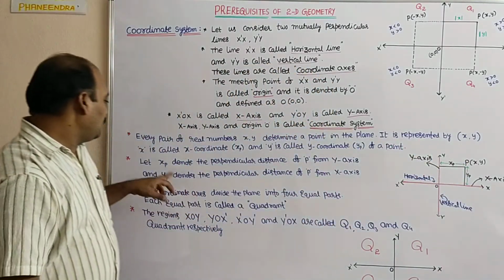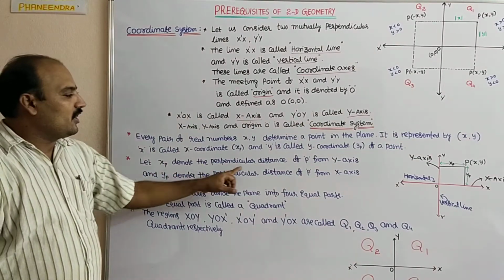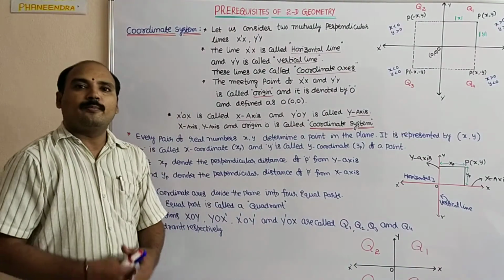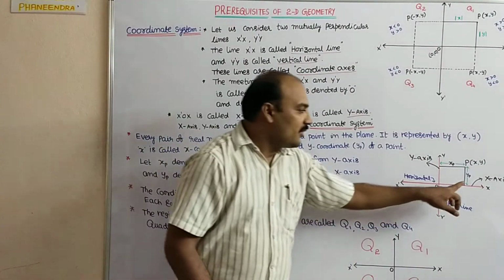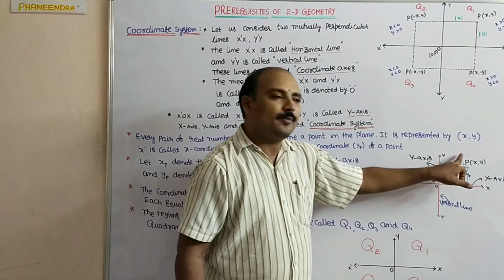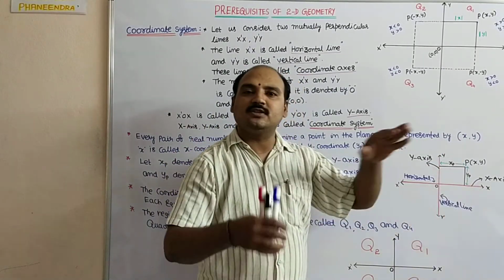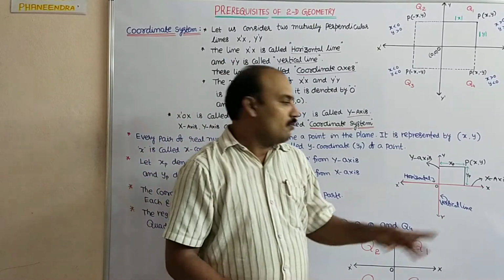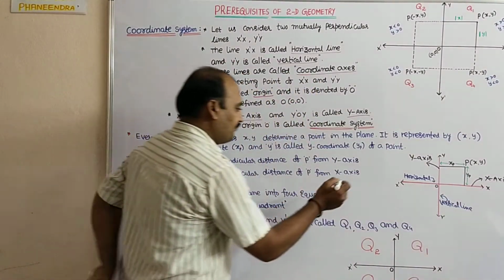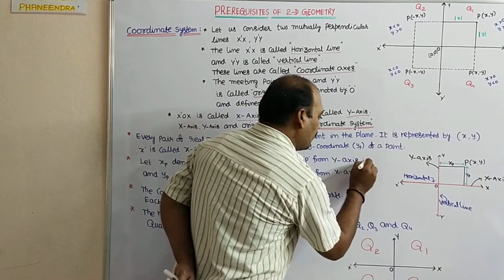In the same way, xp denotes the perpendicular distance from point P to the y-axis. Sometimes we can denote yp as mod y. The distance from point P to the x-axis is always equal to mod y.